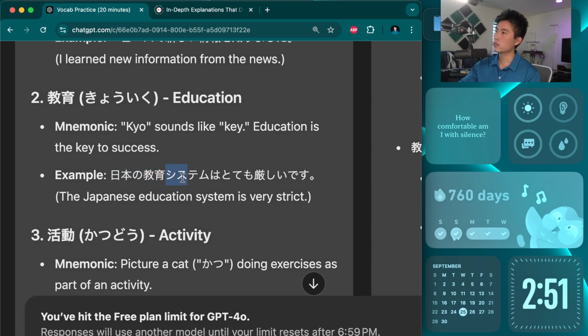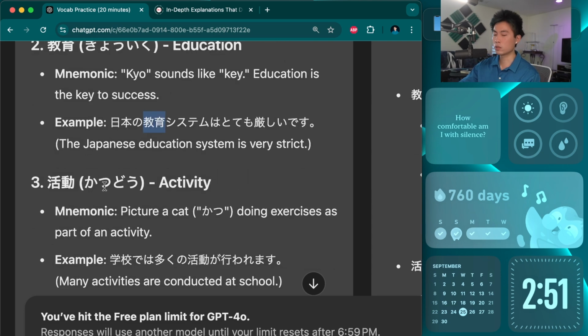I think that's she. システムはとても I don't know this, but I know that 厳し means strict, so I'm going to assume this is 厳し. 日本の教育システムはとても厳しいです.